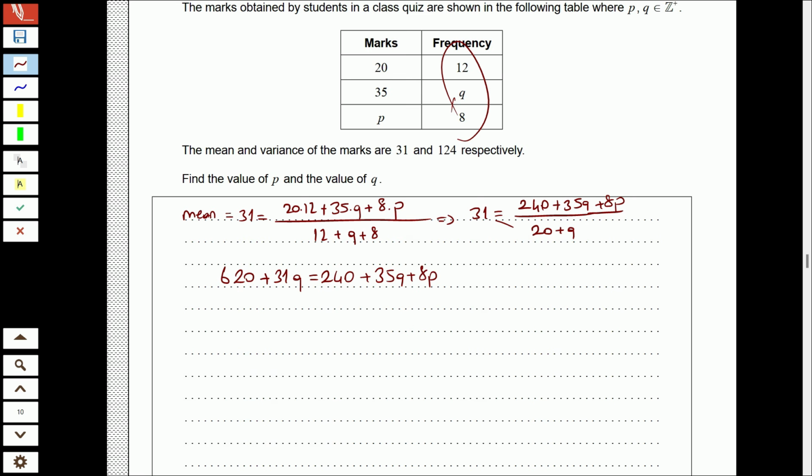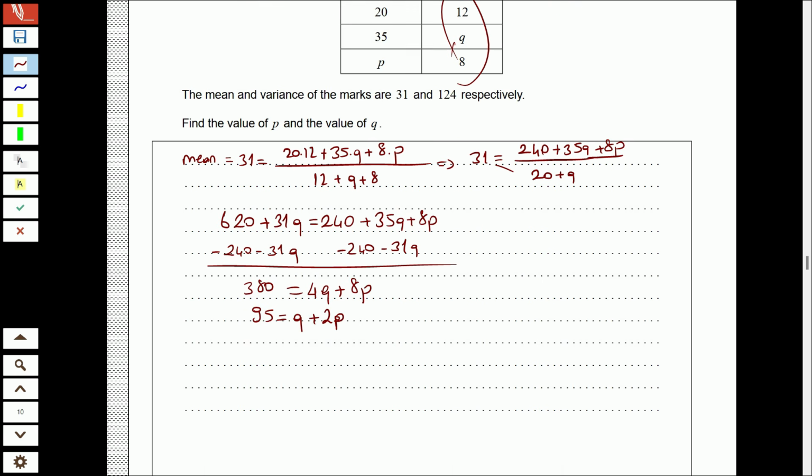So let's subtract 240 and 31q from both sides, and we're going to have 380 on the left, and on the right side 4q plus 8p, right? We can divide by 4, we can cancel 4. 95 equals q plus 2p.